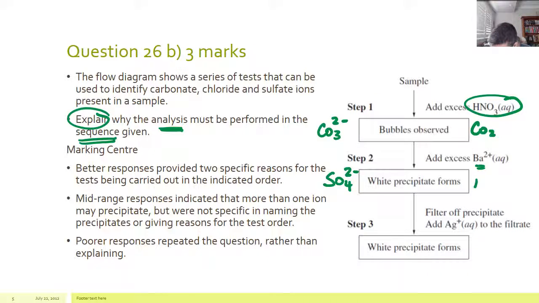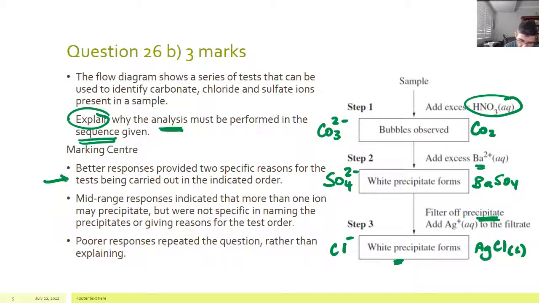And so the compound that we're looking for is barium sulfate as a solid precipitate. If we can filter off the precipitate and keep what is left, then if there are chloride ions present, they won't come out with the barium, but they will come out with the silver. And so the silver is going to produce a precipitate of silver chloride, and that will be the white precipitate that forms in the third situation.